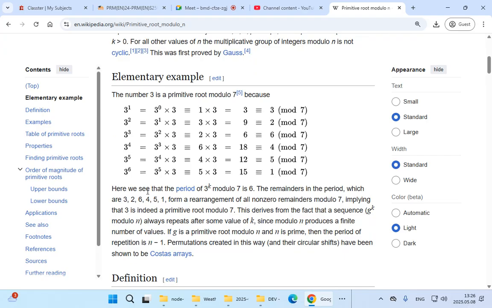And we can see that the period of this is 6. If you take 3 to the power of 7 modulo 7, what do you think it will be? Let me try to calculate.